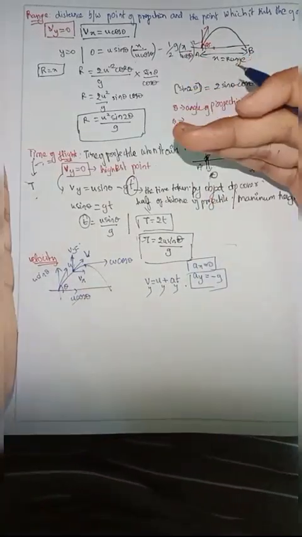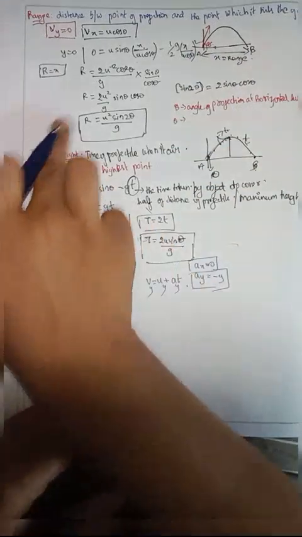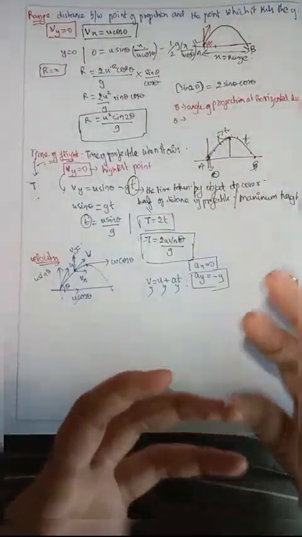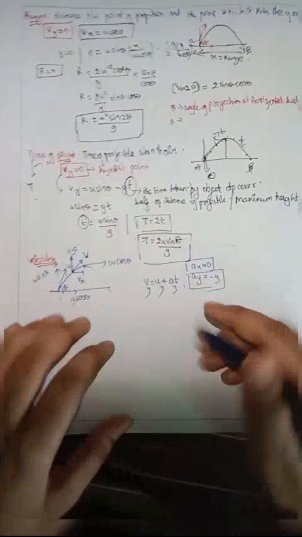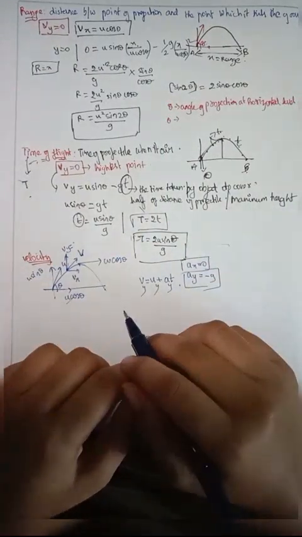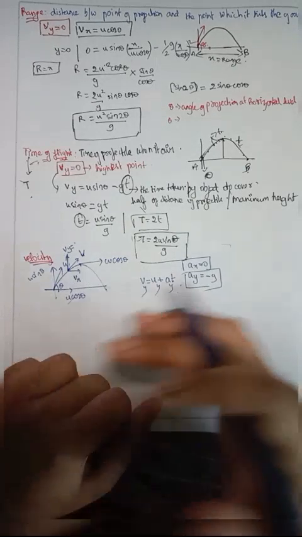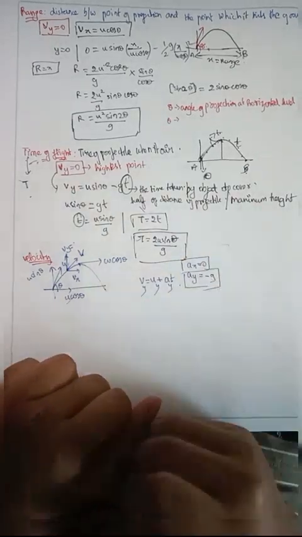In that equation of motion, what is the concept in range? If you consider range, you have to take y equal to 0. Acceleration along the x direction is 0, acceleration along the y direction equal to minus g.